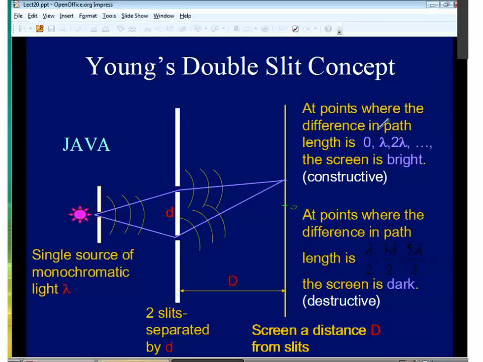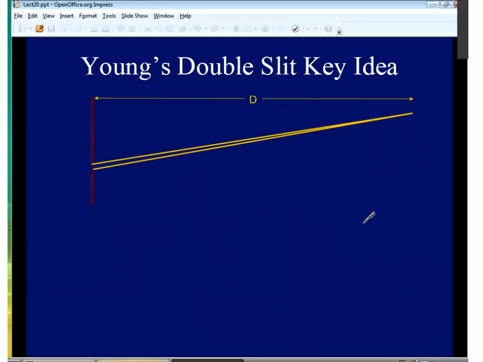And the gap between two B's is the same as the gap between two D's. Now that looks more realistic. This D is really small in comparison to that D.